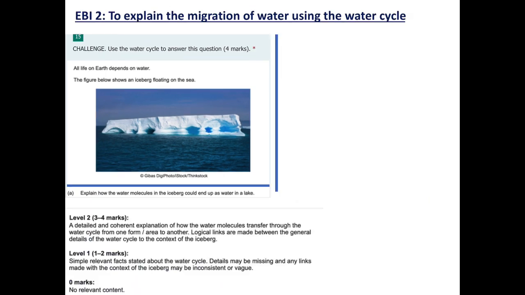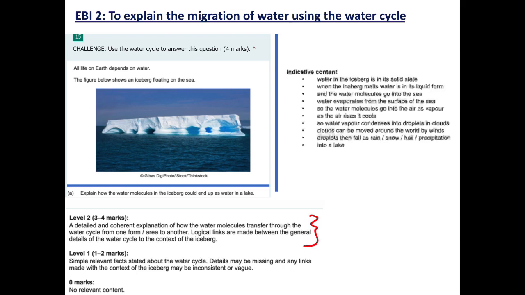First, I'm going to show you the mark scheme. So this is our mark scheme. Ideally, you should be aiming for level 2, which is 3 to 4 marks. So you have a detailed, coherent explanation of how water molecules transfer through the water cycle from one form to another. Okay, and there are going to be logical links.